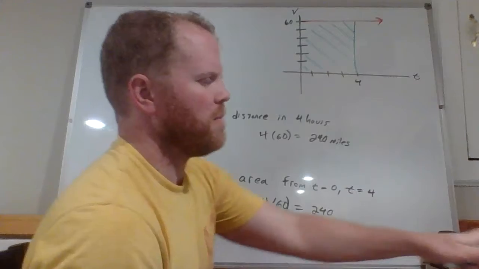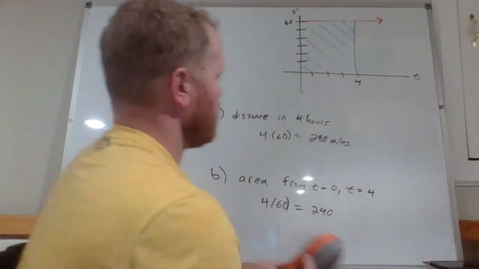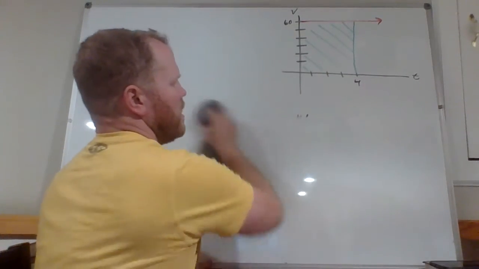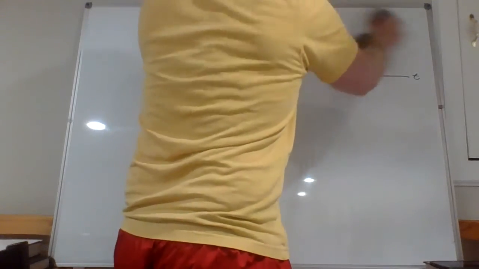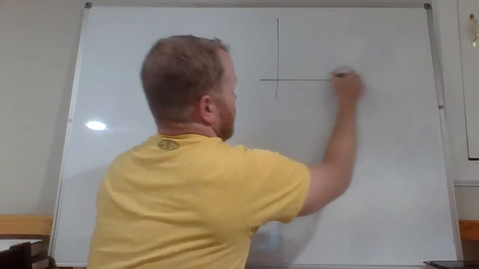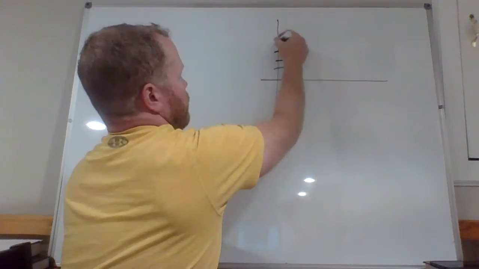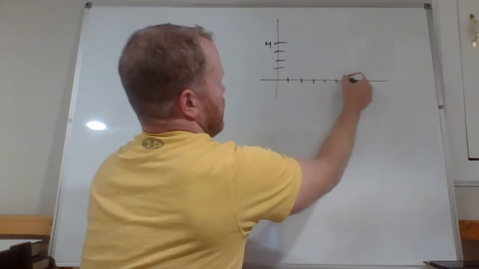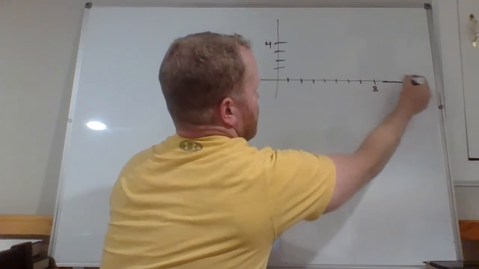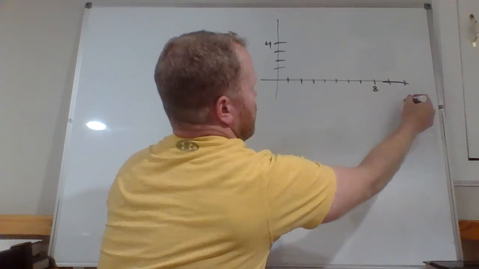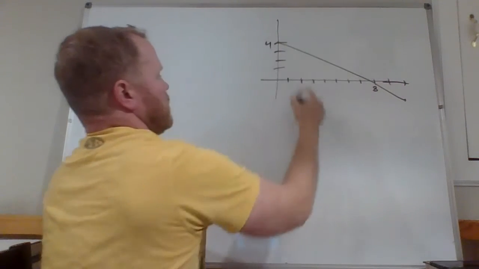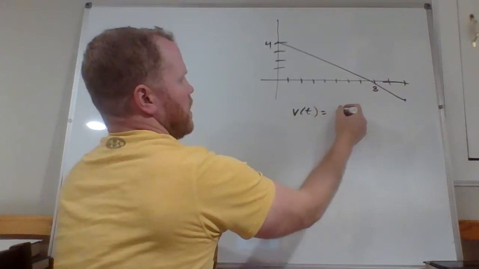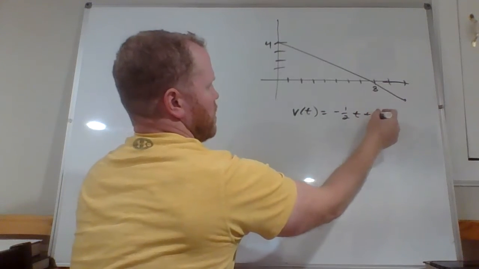So let's look at this concept again in a slightly more complicated function, just slightly, and talk about how that works and the subtle little different things you can be asked here. So you're given a graph this time of some v of t function that equals -1/2 t plus 4.